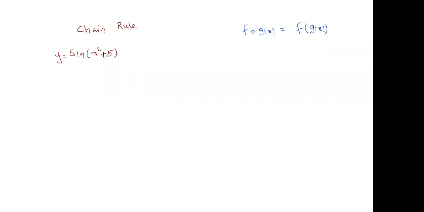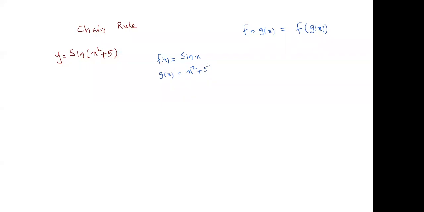So you can see that one function is sin x, so you can say f of x is equal to sin x, and g of x is equal to x square plus 5.